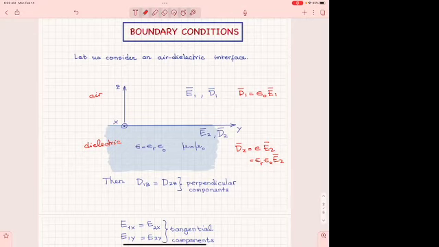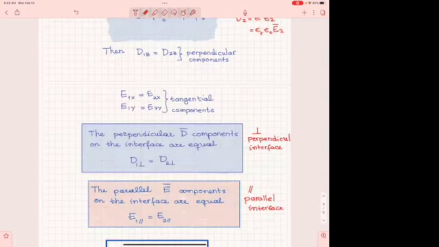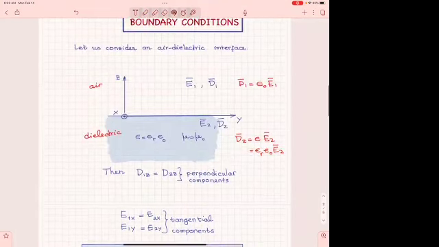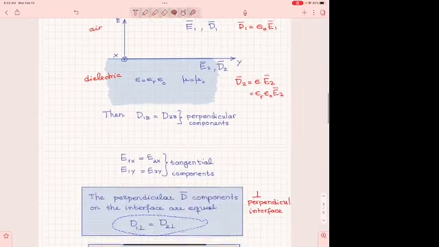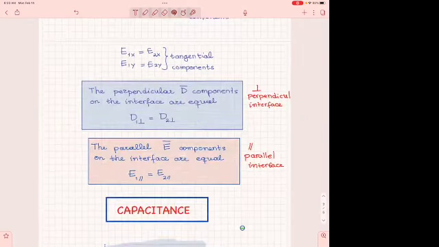And that's what I say here, in this one. And the parallel components of the electric field are continuous through the interface. And that's what I say here. These are the two important conditions.